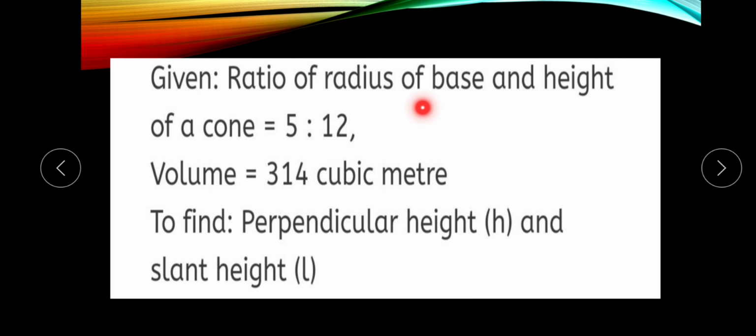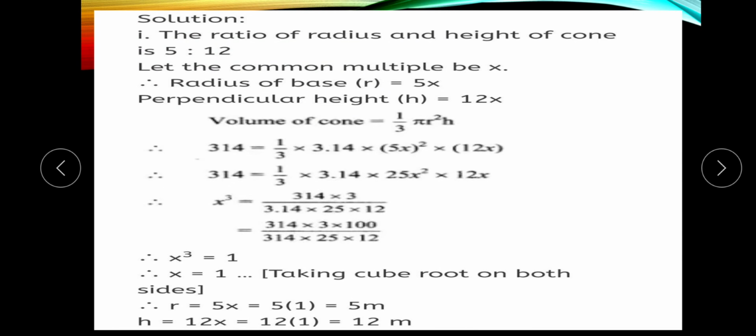Here the ratio of the radius of the base and the height of the cone is given, that is 5:12, and volume is given as 314 cubic meter. We need to find the perpendicular height, that is h, and slant height, that is L. Now the ratio of the radius and height of the cone is 5:12.